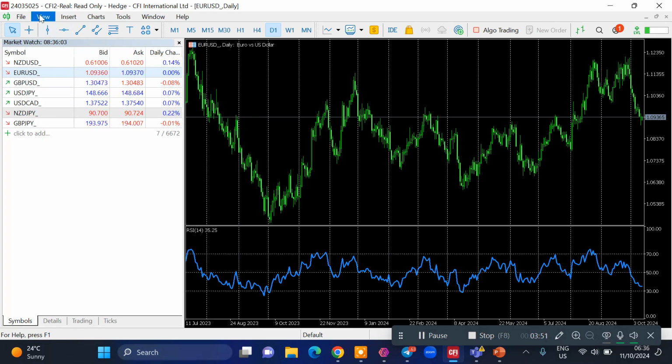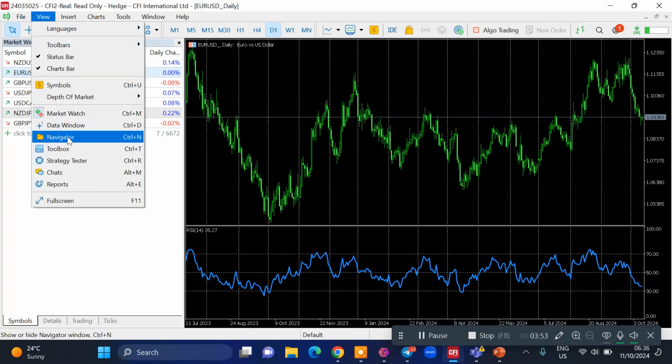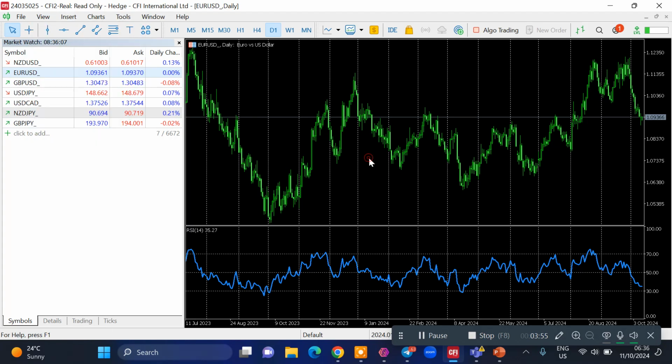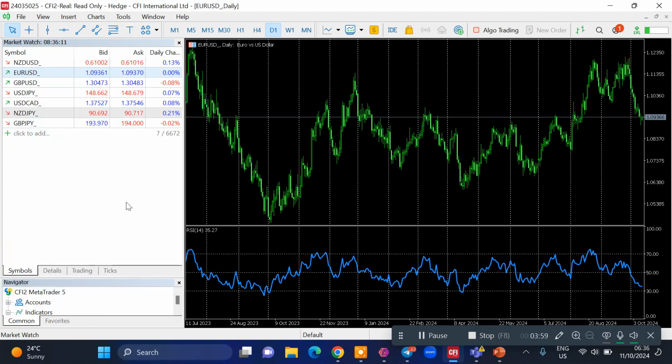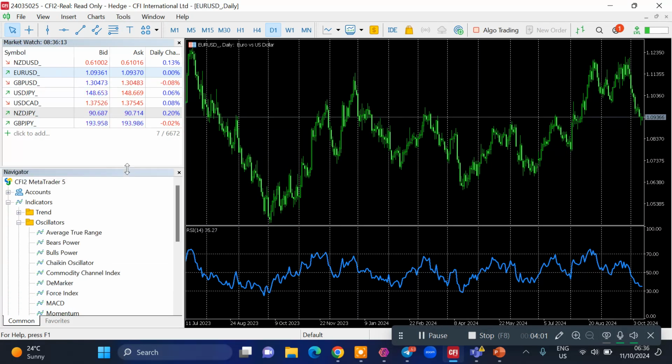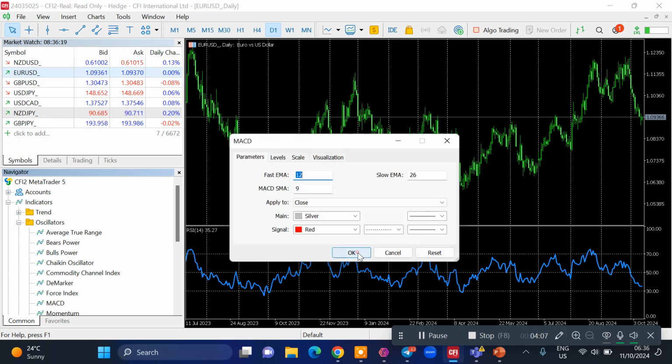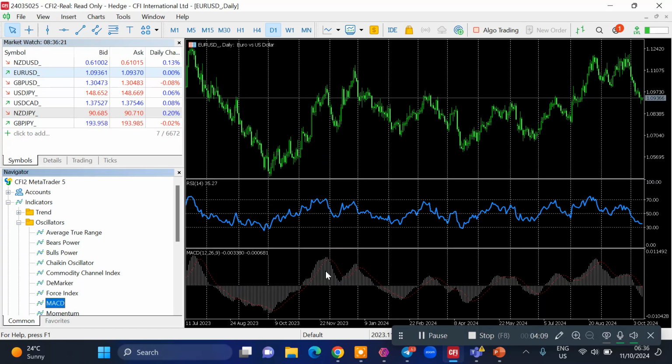Now let's look at other indicators. If you want to find your indicator, go to View and then Navigator, and from the Navigator you'll be able to find the other details. So you see the MACD. This is also an oscillator, but this one does not have overbought and oversold levels.